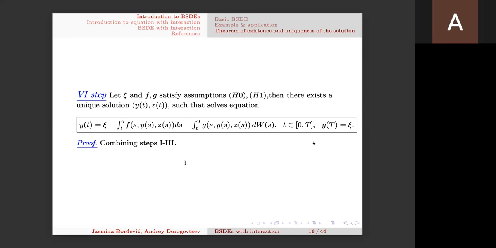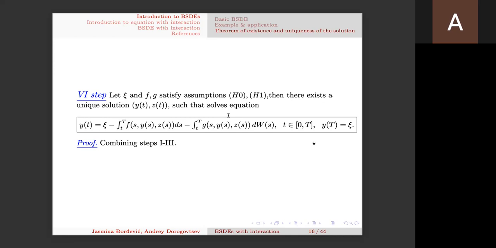Nina, can I interrupt you just to say a few words about new features which this equation has compared to the usual ordinary differential equation? First of all, we use the Clark representation theorem with respect to the Brownian filtration.